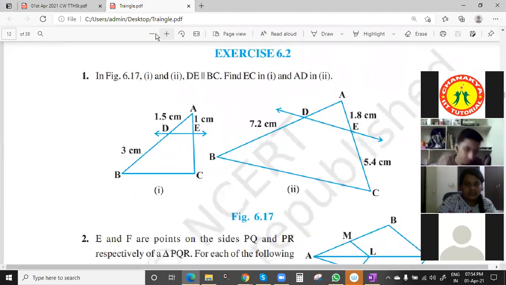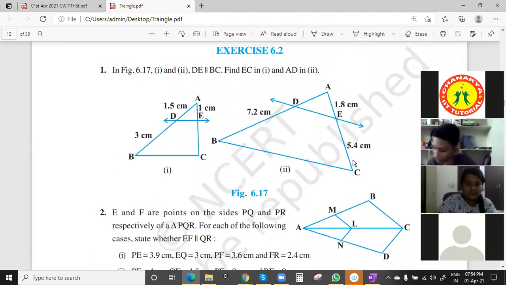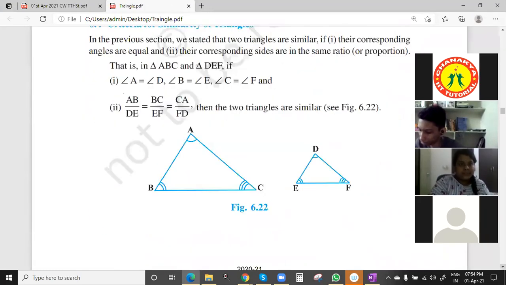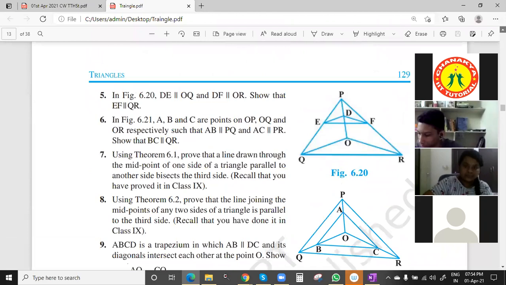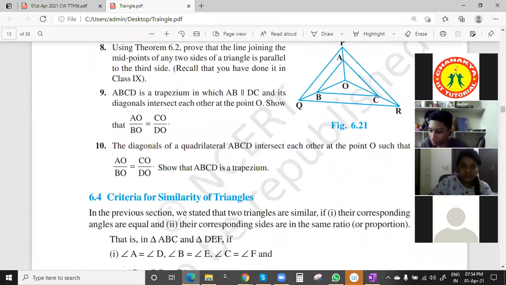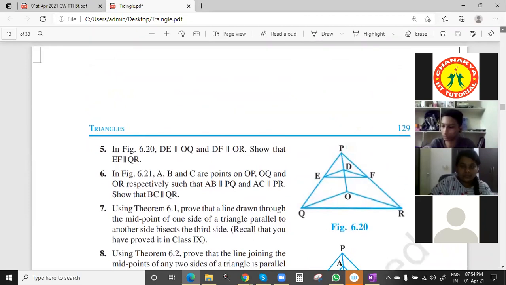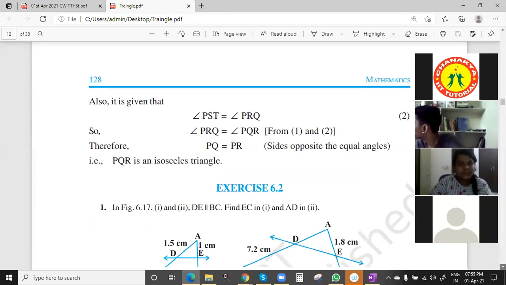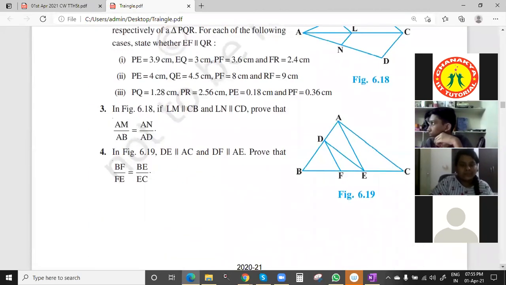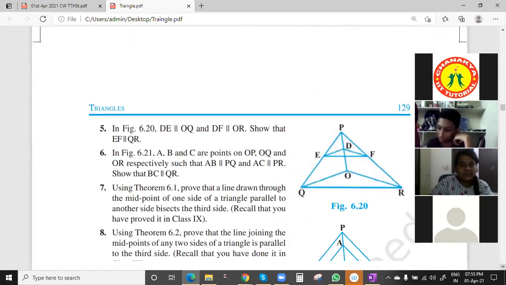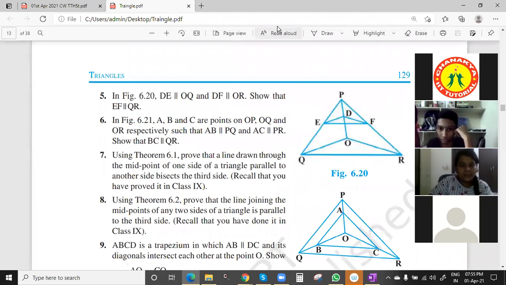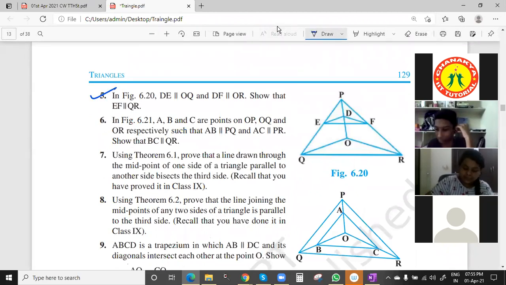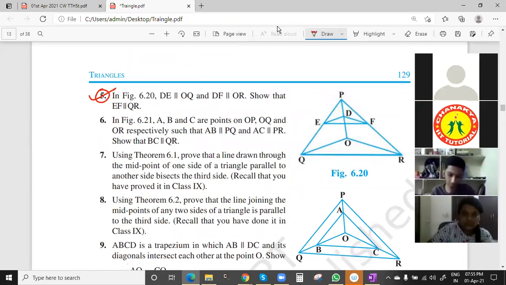All the exercise questions and all the examples are important. From 1 to 5 we will do one question, because total questions are 10 in the second exercise. Exercise 6.2, from 1 to 5, please try these questions. The fifth one we'll solve, then from 6 to 10 we'll see one or two questions. In the fifth question we have a diagram also.